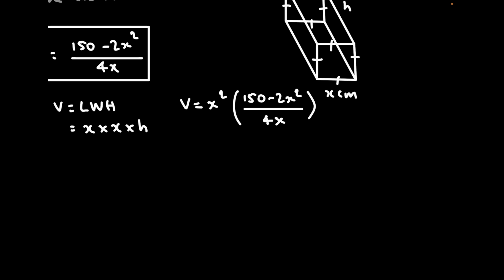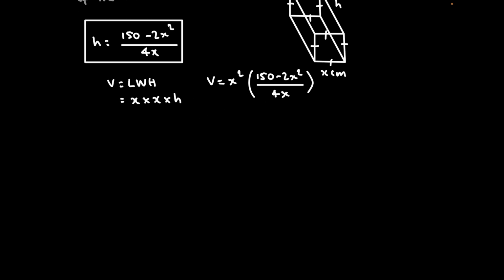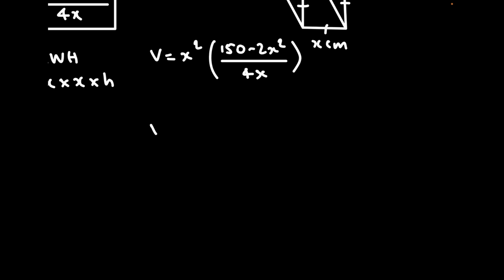So let us now get cracking into the calculus section of this. So if I want to differentiate, I first need to expand these brackets out to work it out. So it's 150x squared minus 2x to the 4 divided by 4x.